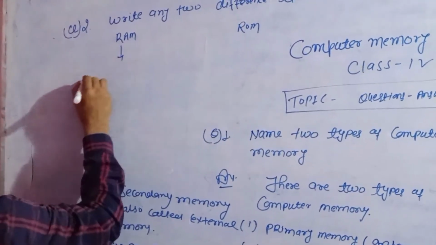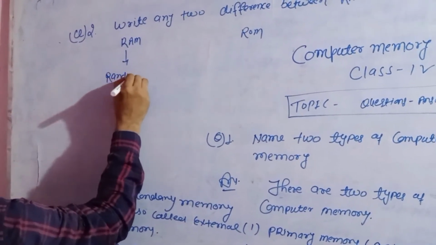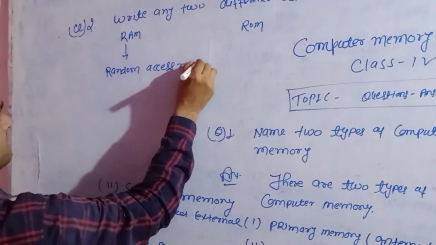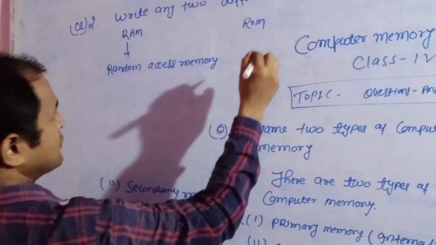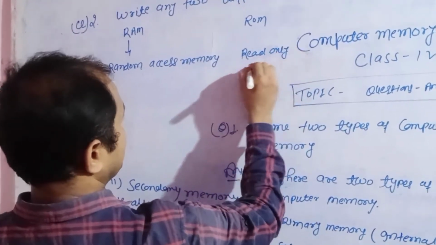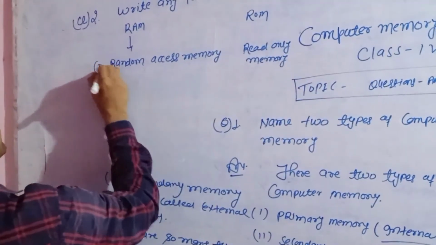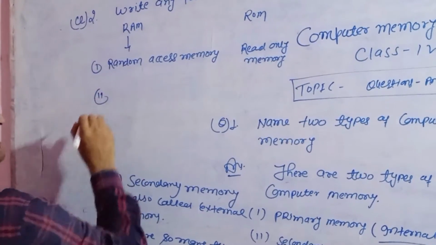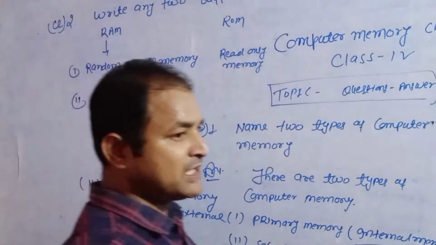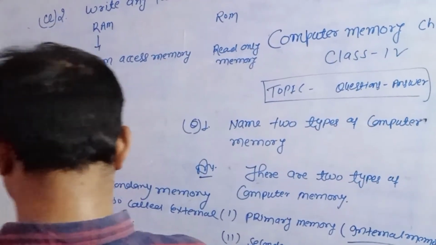The first difference: RAM is called random access memory and ROM is called read only memory. This is the first difference.